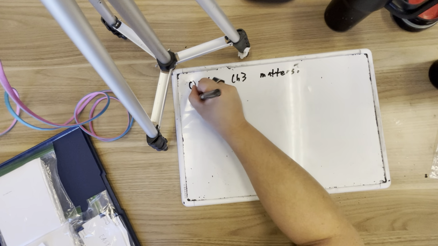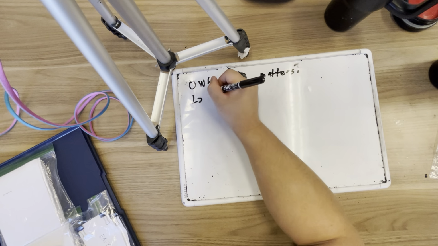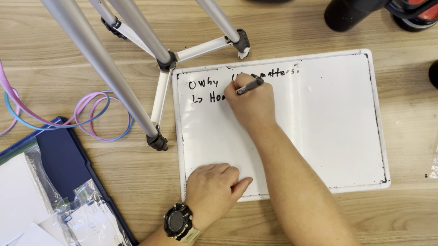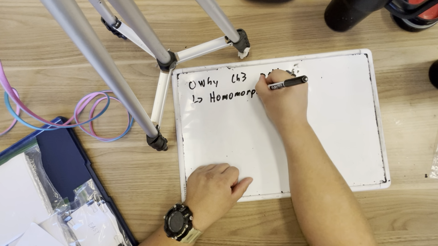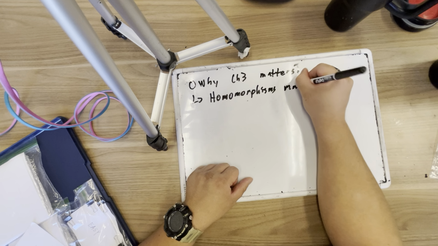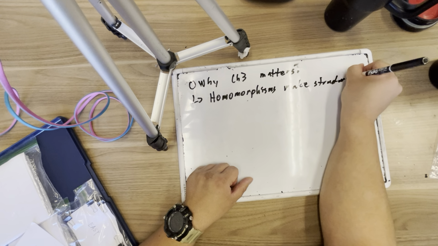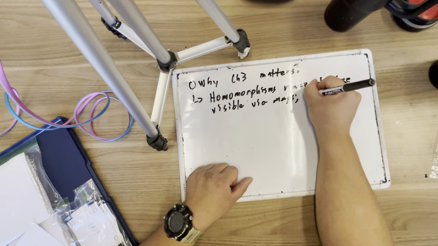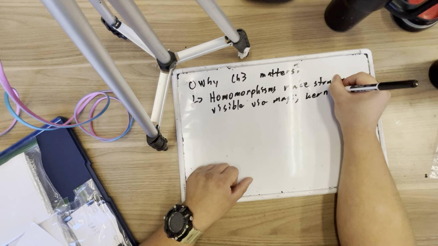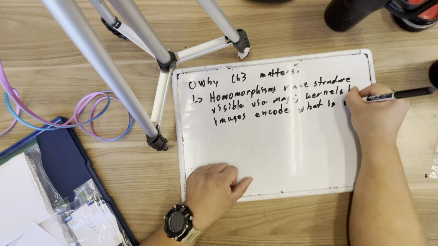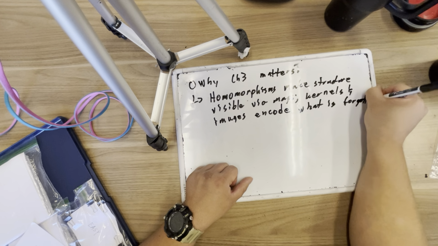For one thing, homomorphisms make structure visible via maps, kernels, and images; they encode what is forgotten and what is preserved.